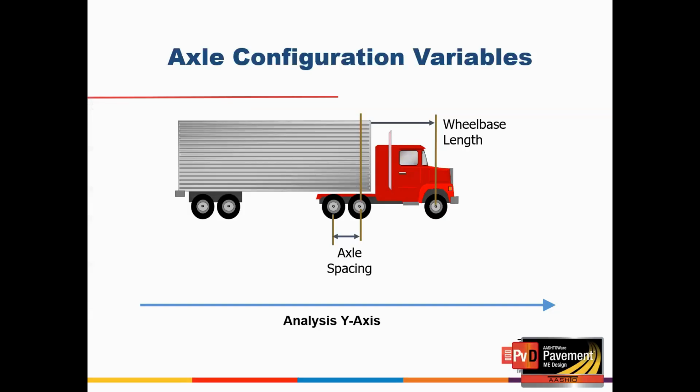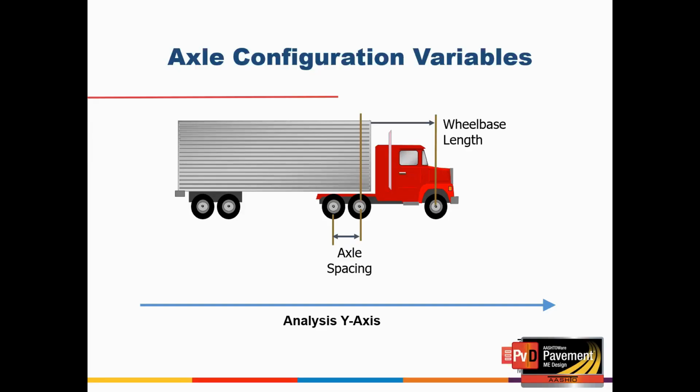And just to visually kind of explain what we're talking about here, you can see wheelbase being the distance between different sets of axles. And actually, it's not to the center of the tandem axle, it's actually to the center of the first tire in the tandem axle. And then axle spacing is going to be the distance from one tire to another within the same axle configuration.